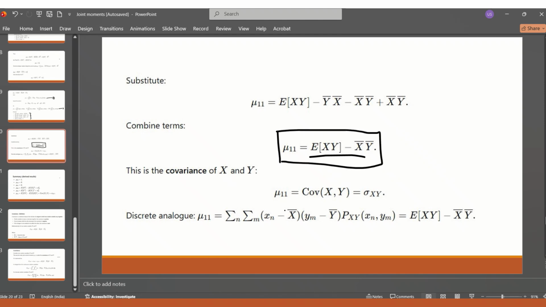Covariance is represented as Cov of x comma y or sigma xy. For discrete random variables, mu 1 1 is equal to the summation over n to infinity, summation over m, of x n minus x bar into y m minus y bar into p xy of x n comma y m, that is equal to expectation of xy minus x bar y bar.